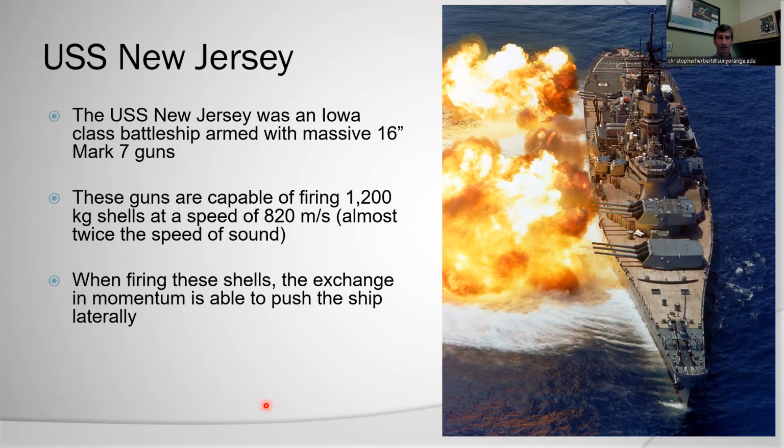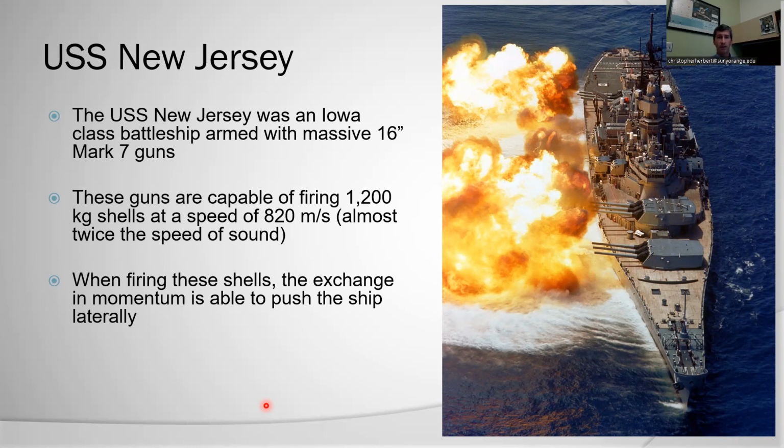One last example here. This is the USS New Jersey, which is now a museum. It used to fire some of the largest shells ever fired by a warship. 1,200 kilograms was the mass of the shells, and they'd be launched at a speed of 820 meters per second.